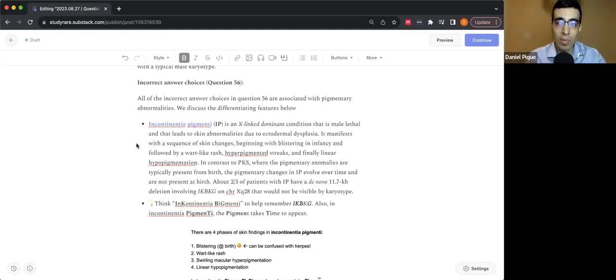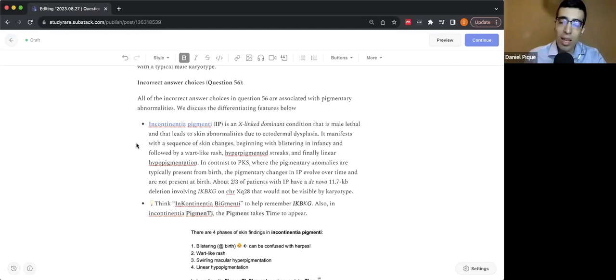And that's something that can confuse clinicians with something like herpes simplex virus. And so something to keep in mind as far as your differential diagnosis, if you're thinking about herpes, is incontinentia pigmenti.